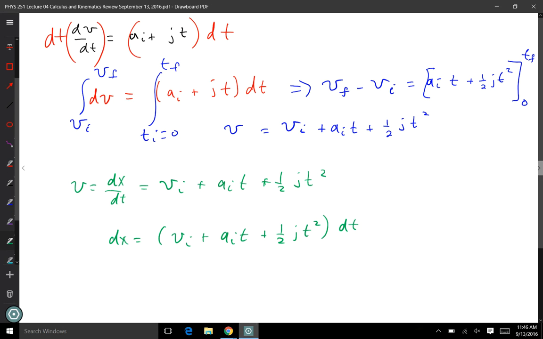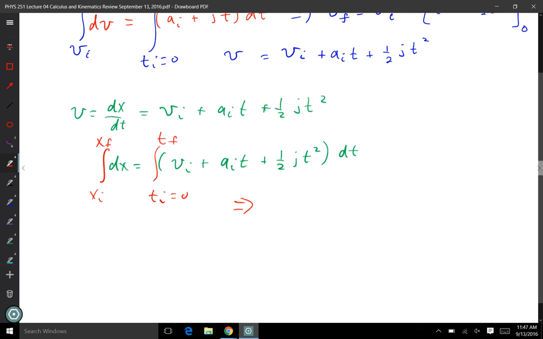integrate both sides one last time. And that gives me x final minus x initial equals v initial t final plus 1/2 a initial t final squared plus 1/6 j t final cubed.